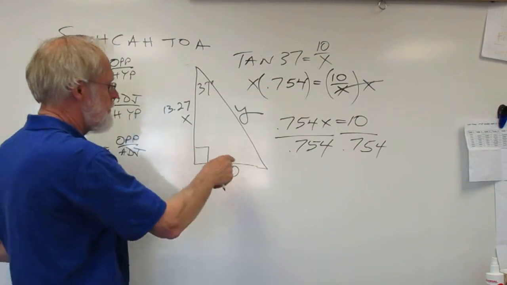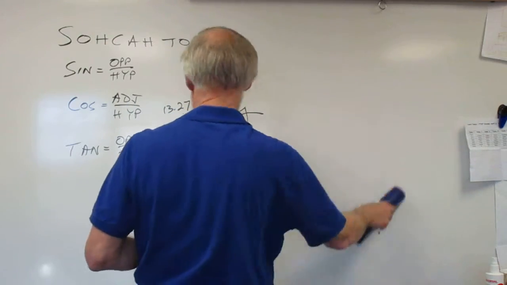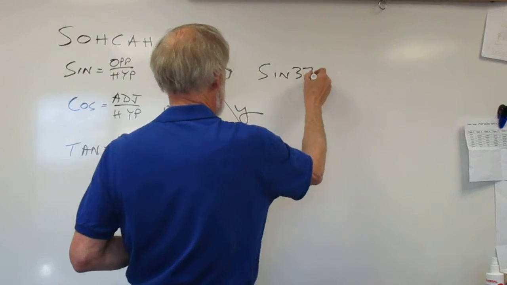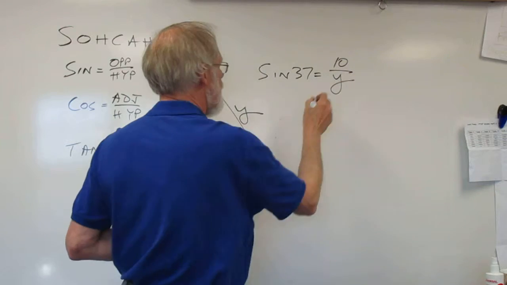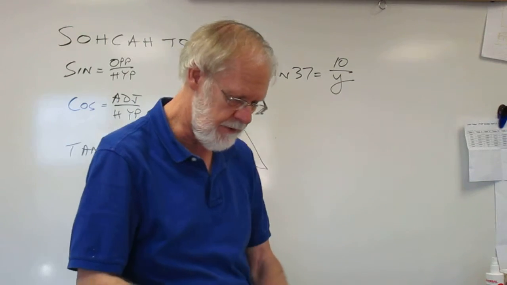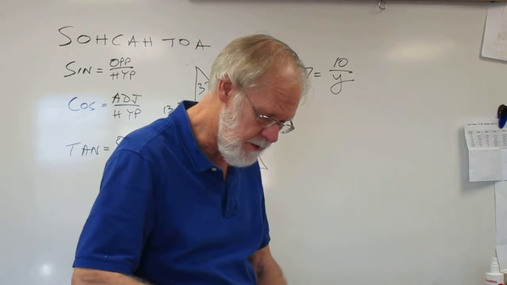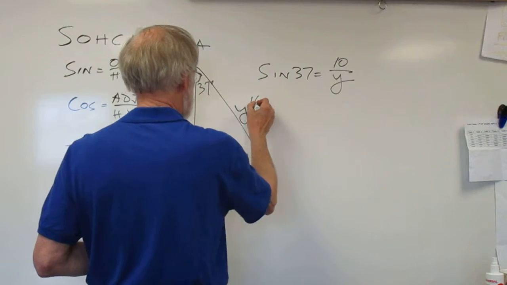All right, then to finish this off, we could do sine of 37 is equal to 10 over y. So I'm going to do 10 divided by sine 37, and I get 16.6 over here.